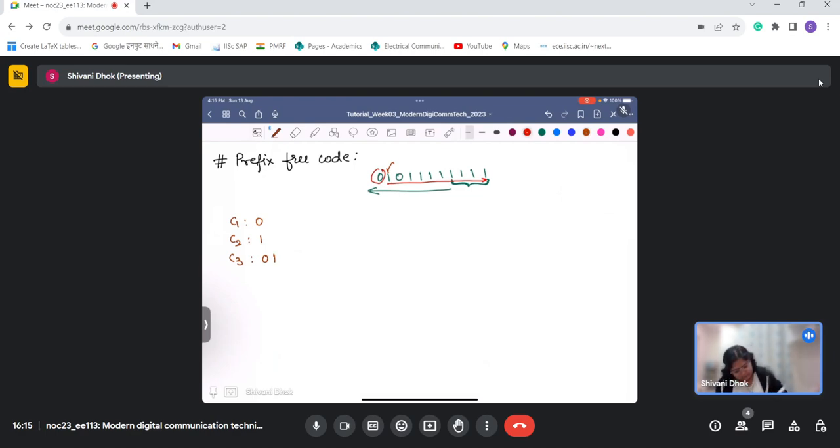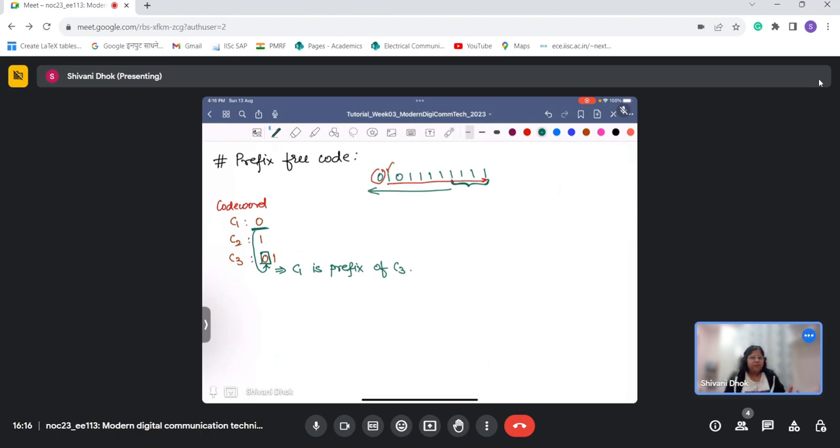Now if you observe, each of these is a code word. C1 is one code word, C2 is another code word, and C3 is the third code word. Now if you observe, C1 is 0, which appears here, which means that this 0 equal to C1 implies that C1 is a prefix of C3.